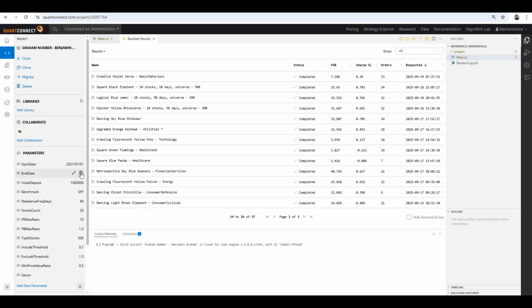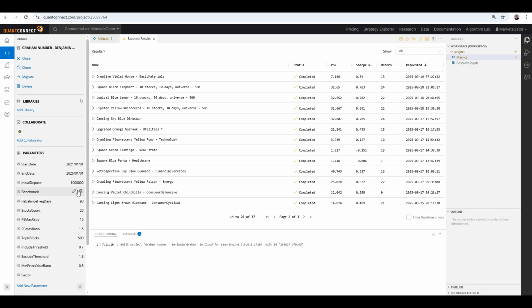To control how the strategy is behaving, I'll need several parameters. Start and end date. This is our testing range of time. As you can see, I decided to start from January 2021 and go up till now, which is more than 4.5 years. Initial deposit. How much money do we start with? Let's set 1 million. Our benchmark is SPY, the S&P 500 ETF.